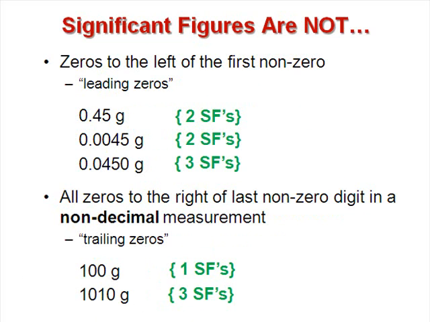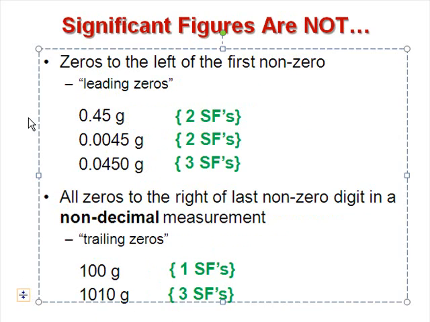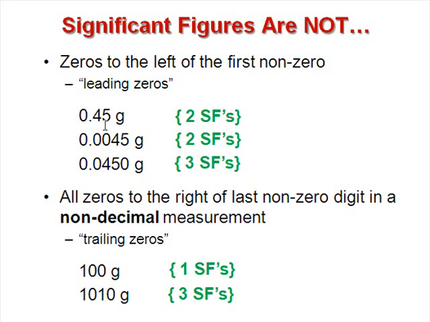Now, what happens is the 0 here defines this decimal point. So there are only 2 SigFigs here. There are 2 here, and there are a total of 3 here.